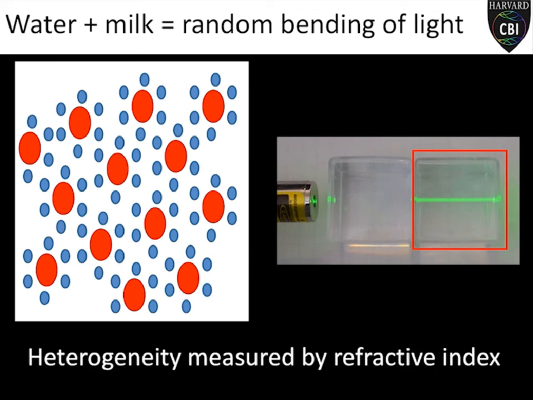And the easiest way to do this is to look at the refractive index of the two different substances. If those two substances have vastly different refractive indices, we are going to lose that destructive interference, and we're going to have this situation that we have in this cube on the right, or in biological tissue where we have lots of light scatter.